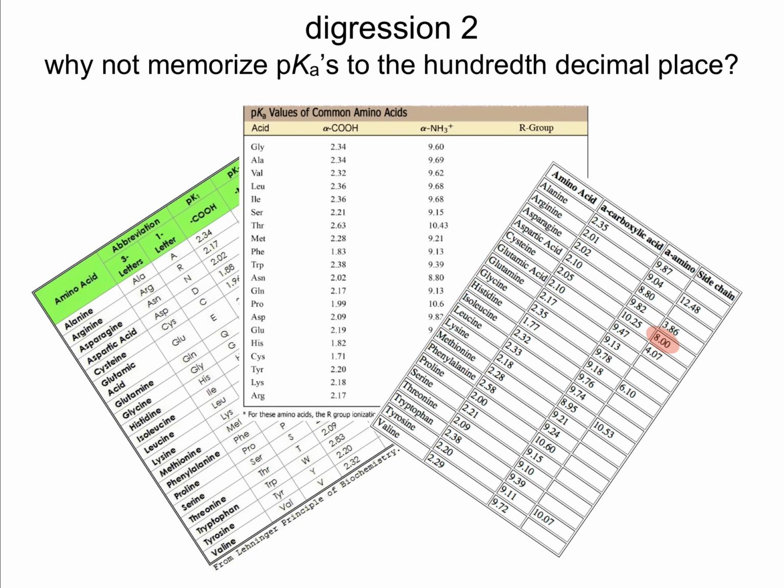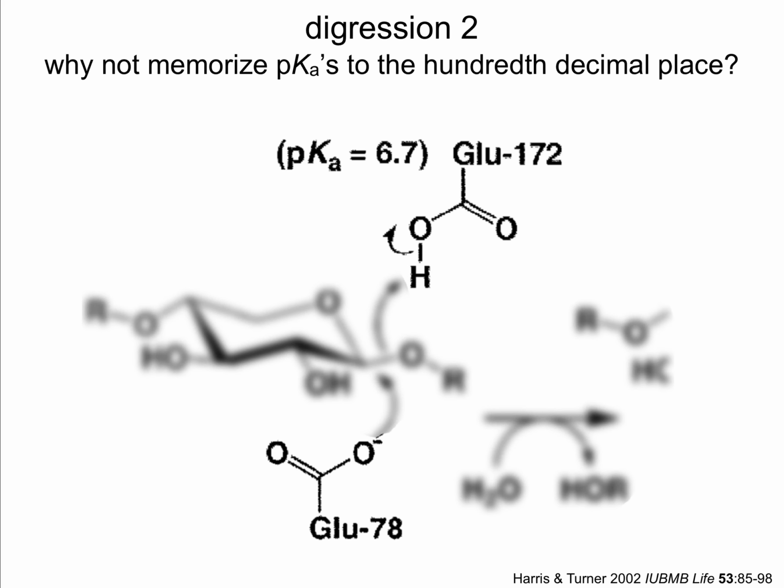But let's look briefly at the active site of the enzyme hen egg white lysozyme. This active site is composed of two glutamic acid residues. Number 78 looks ionized. That makes sense to us given what we understand about the pKa of organic acids. But Glu 172 is not ionized.